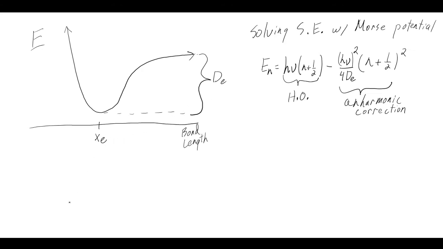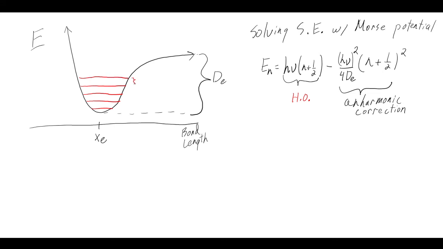So in the harmonic oscillator case, the eigenenergies that we're counting up from n equals 0, to n equals 1, to n equals 2, to n equals 3, to n equals 4.